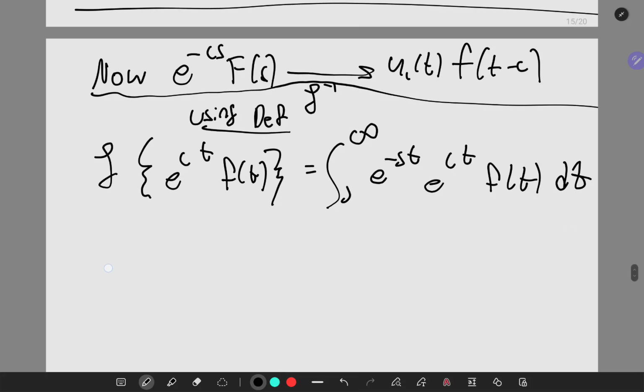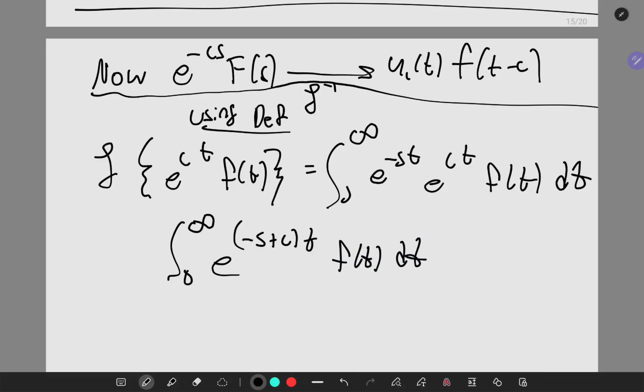We can pull out that e to the ct because it's a constant. 0 to infinity, e to the... actually, no. Let's not do this. Let's just combine these together. Yeah, let's do that. Oh, actually, this is it.